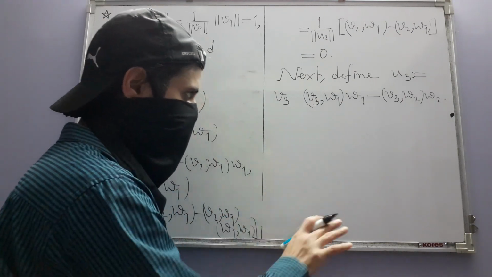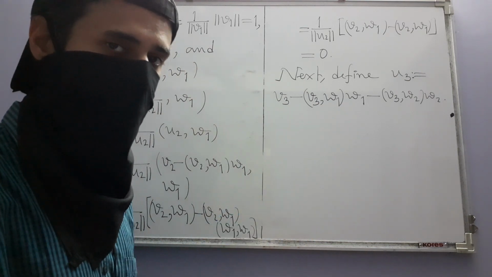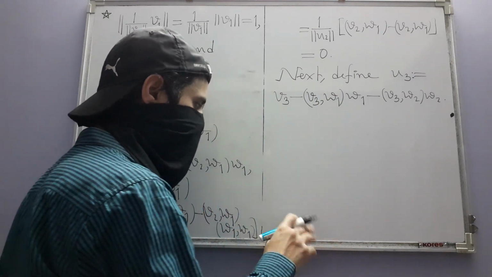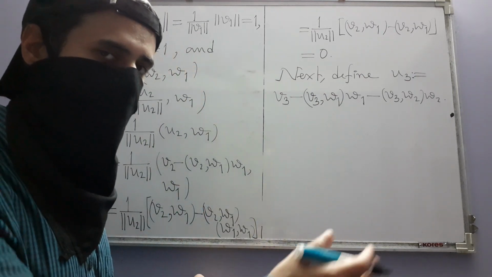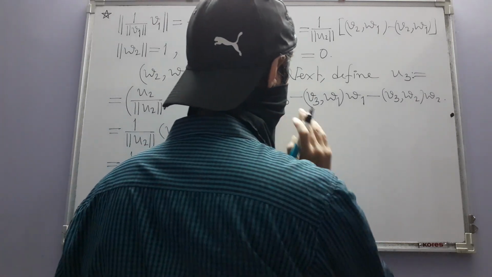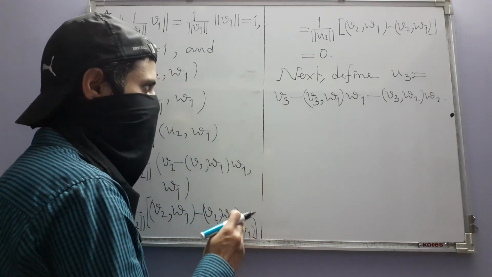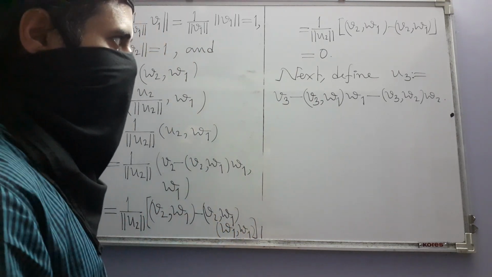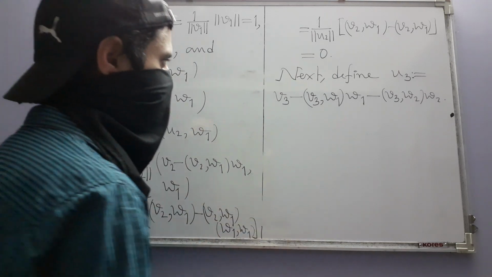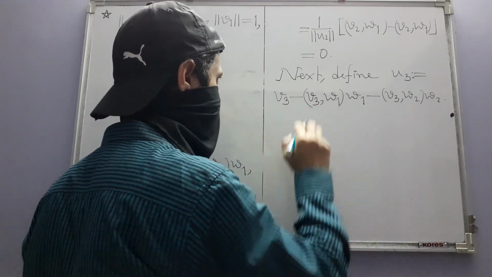By the time we finish all these things with U3 and hence W3 that we are now going to define using U3, we will say that using this pattern one can go forward and one will get what one gets. So let us now first see that U3 is ultimately going to be a linear combination of V1, V2 and V3. Let's see how. We already have V3, so V1 and V2 are going to come from these two.